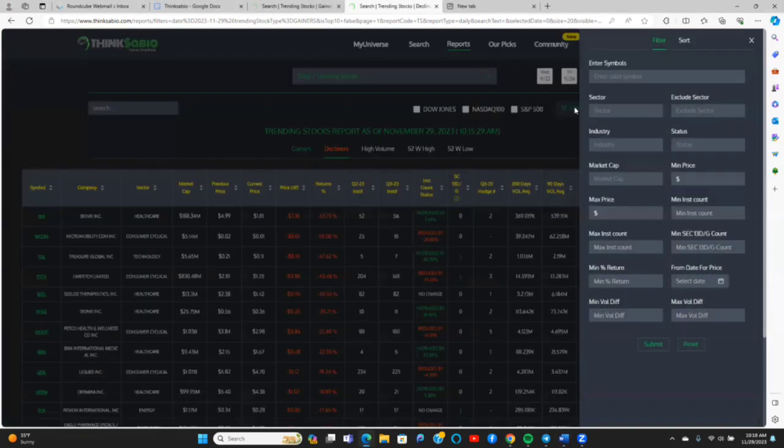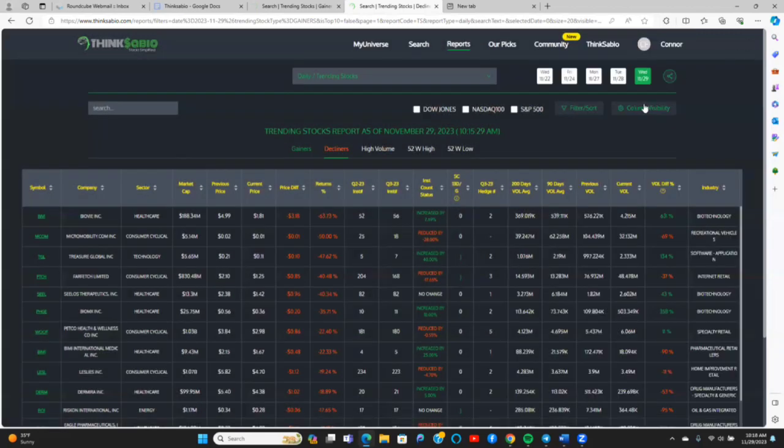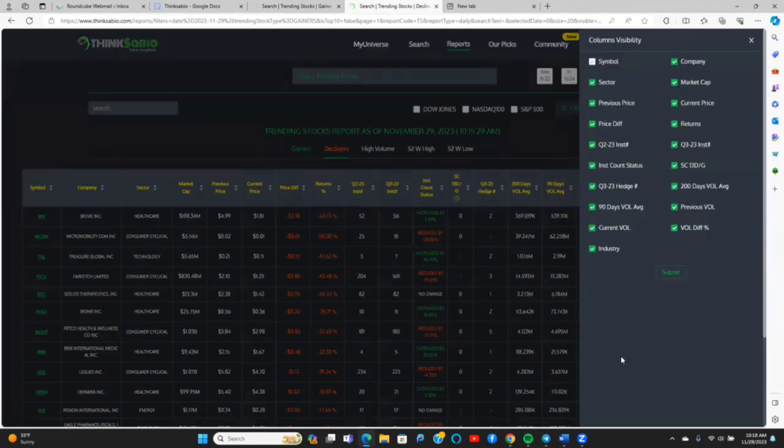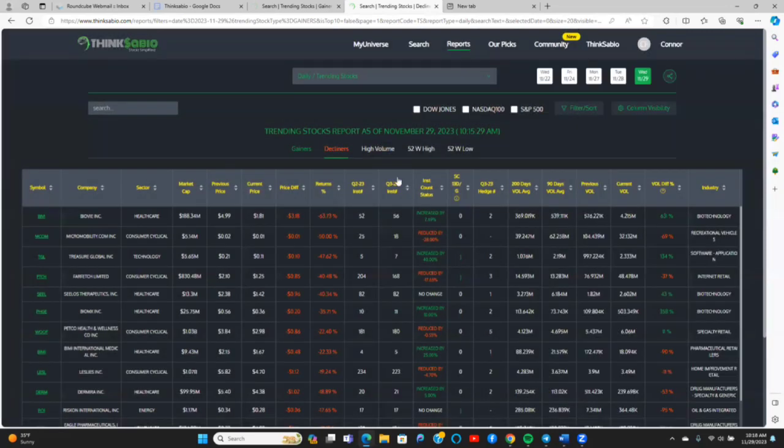You can also filter by only ones in a specific industry, only ones with a specific price, only ones with a certain market cap, etc. And with column visibility, you can customize which columns you want to see and which ones you don't want to see. That makes it so you only look at the information that's going to be most relevant to you. We want to make sure that's easy for you to share and understand.